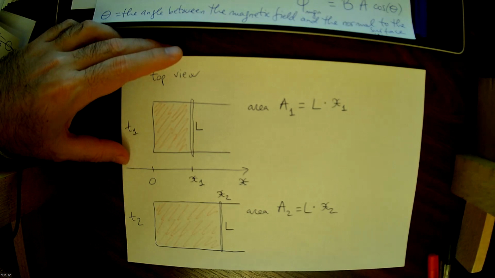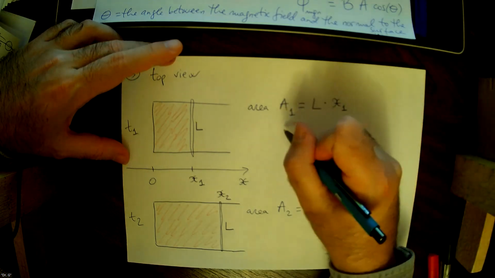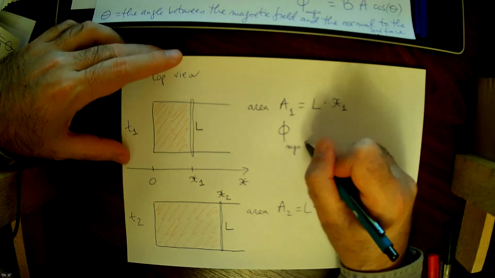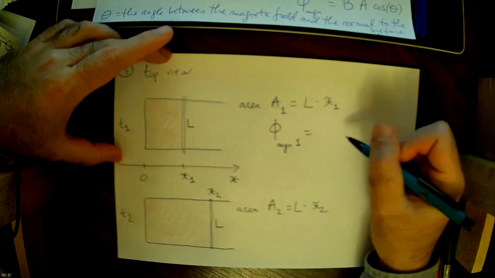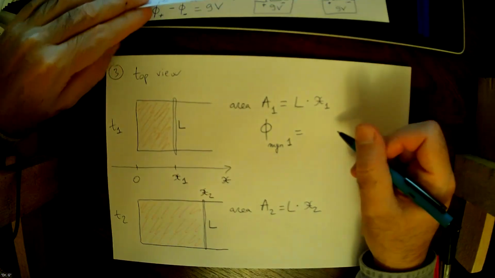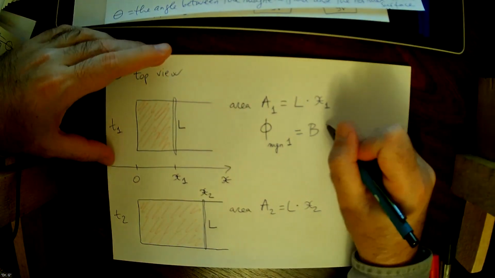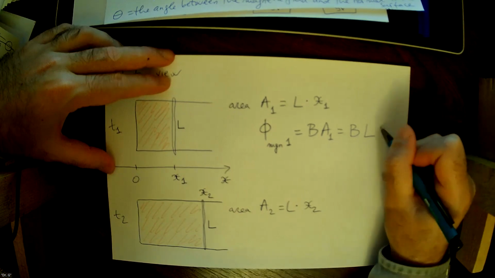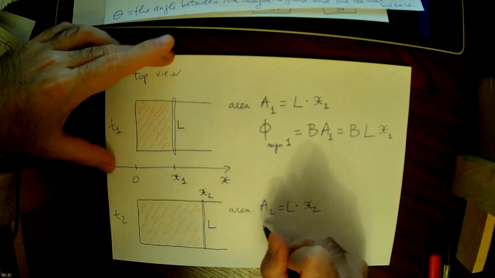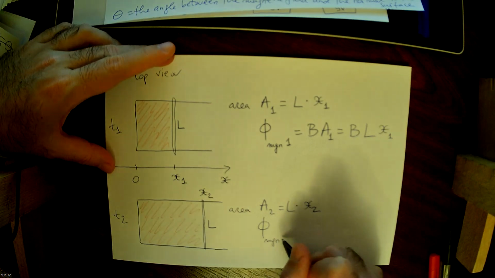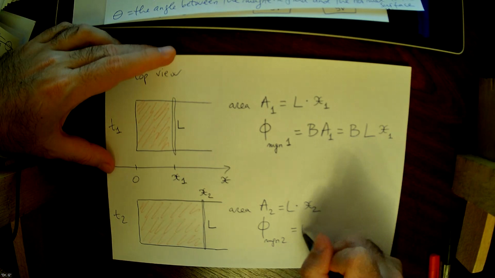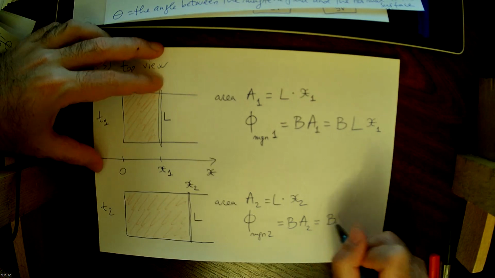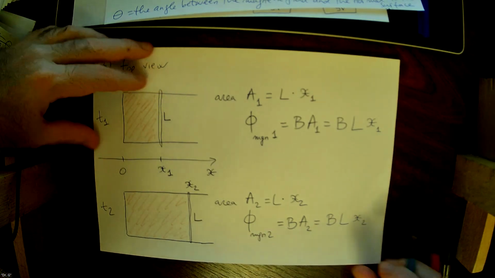And what is the magnetic flux? The magnetic flux at the initial time is the magnetic field times A1, which is B L x1, and the magnetic flux in the second position is the magnetic field times the area, B L x2.